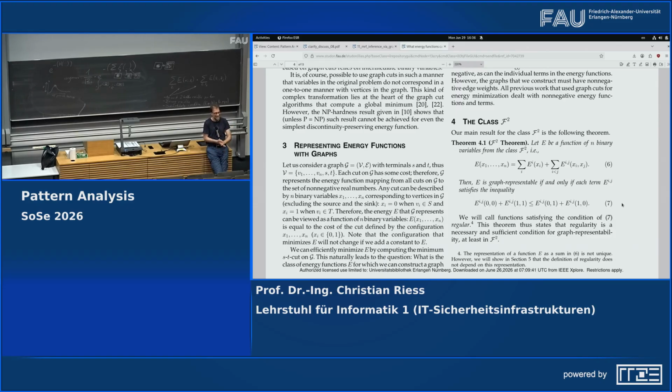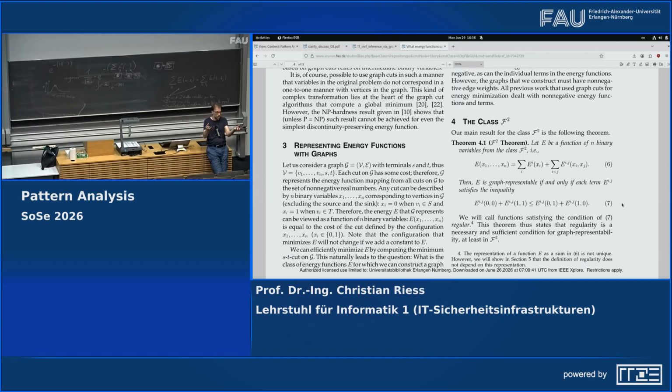So it's cheaper to keep the label. But of course there can be circumstances where you just have to change, and in that case, of course, you should. But the relationship between two hidden variables should be, well, I'm encouraging that neighboring labels are the same.